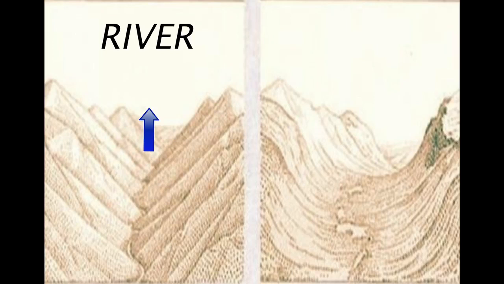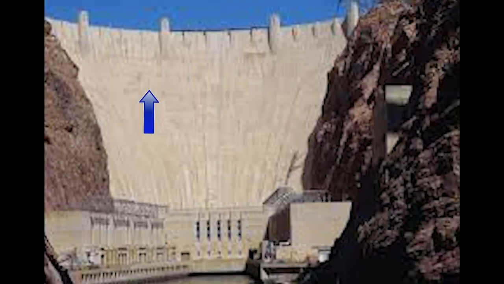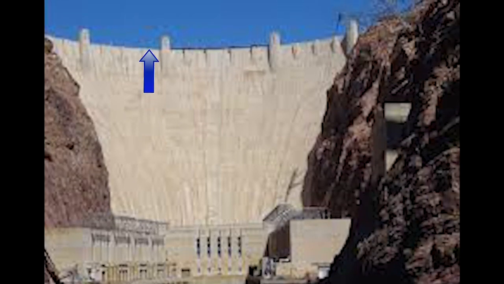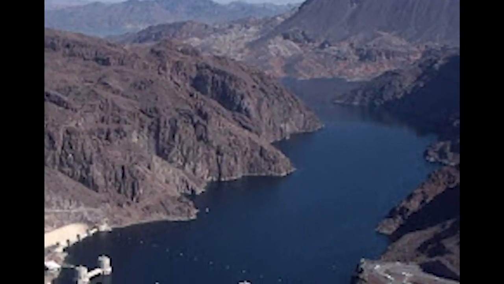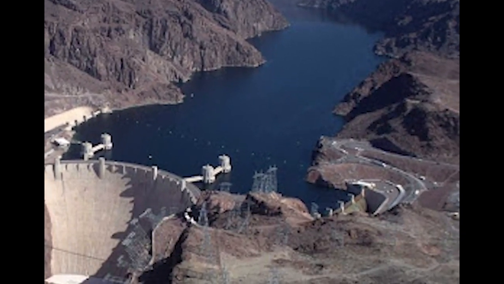In a river valley, a dam will force the water behind it to build up vertically because the valley is very narrow. Not being able to spread out horizontally, the water is forced upwards. This means dams in river valleys have to be extremely tall. The Hoover Dam is a great example of this, being 726 feet tall.